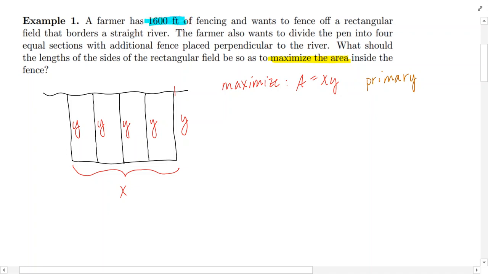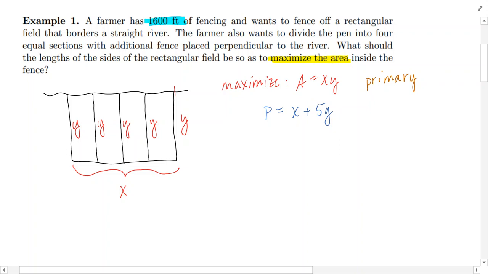That's the only actual number that we're given in the problem. If he has 1,600 feet of fencing, then if I were to lay this fencing down in all of these places where I have X's and Y's identified, that would be considered the perimeter. So in other words, the perimeter would be X plus 1, 2, 3, 4, 5 Y's, right?